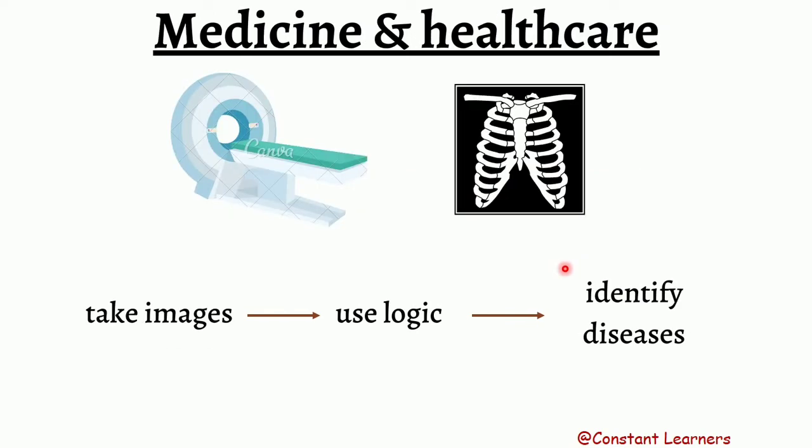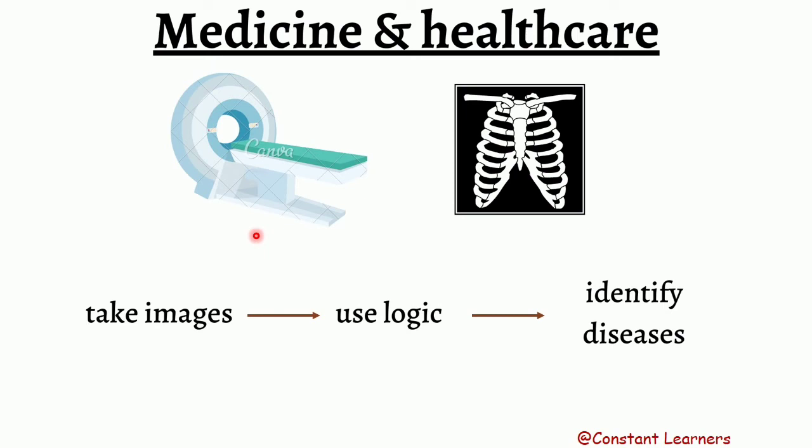Also, in case of medicine and healthcare, what happens? Suppose when we get an X-ray or an MRI done, the machine identifies the differences in cell or bone structure. See, the researchers and scientists have already trained the machines with a lot of input and output images to identify what a normal cell structure or bone structure is.